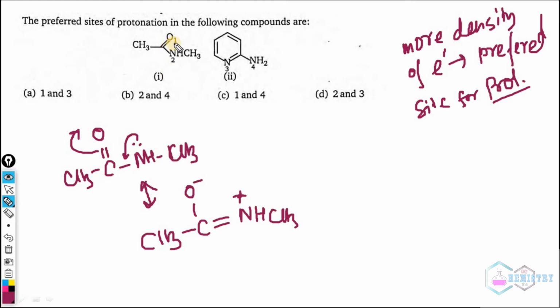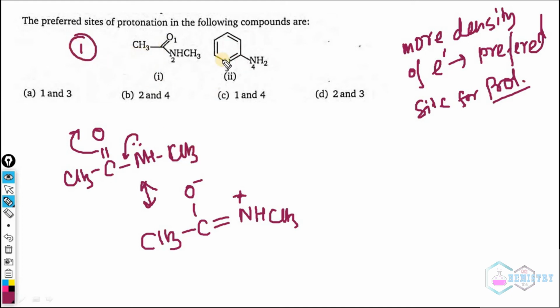So between 1 and 2 it is very clear that due to this resonance, the lone pair of nitrogen will not be readily available for protonation, and electron density on oxygen is greater. So 1 will be the preferred site for protonation in compound 1.